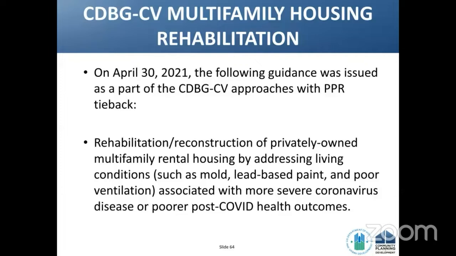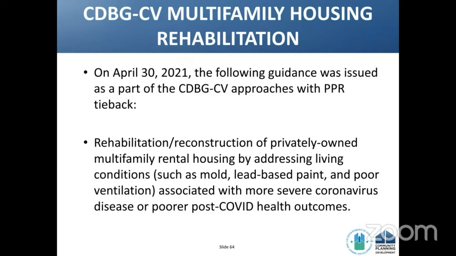These conditions have to be present and documented if CDBG-CV will be used to rehabilitate a multifamily housing building or even a single unit. It can't be that you use, let's say, CDBG-CV to replace the kitchen floor only because it's old and creaky, not because there may be mold underneath.